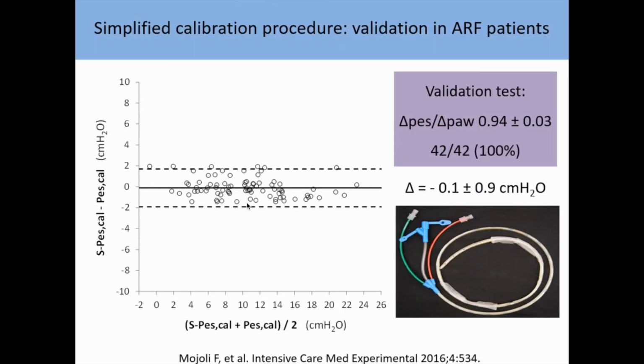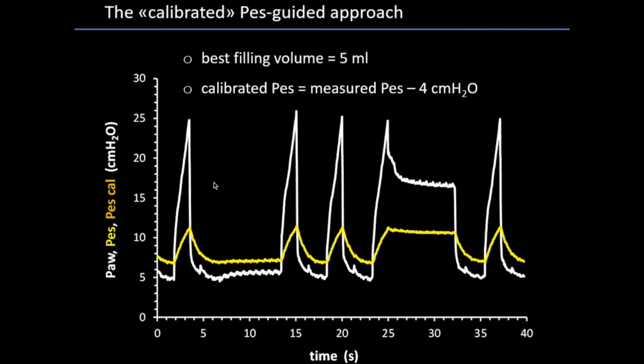So once you do that calibration, and the contribution of the volume has been reduced, this pressure has more correlation, so it can be used at bedside without any problem. So this becomes more correlated with the standard measurements. So here, as you can see, the best filling volume was 5.